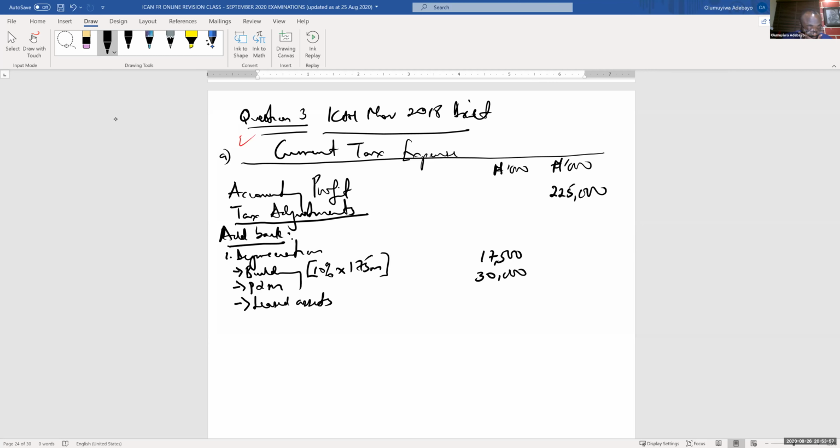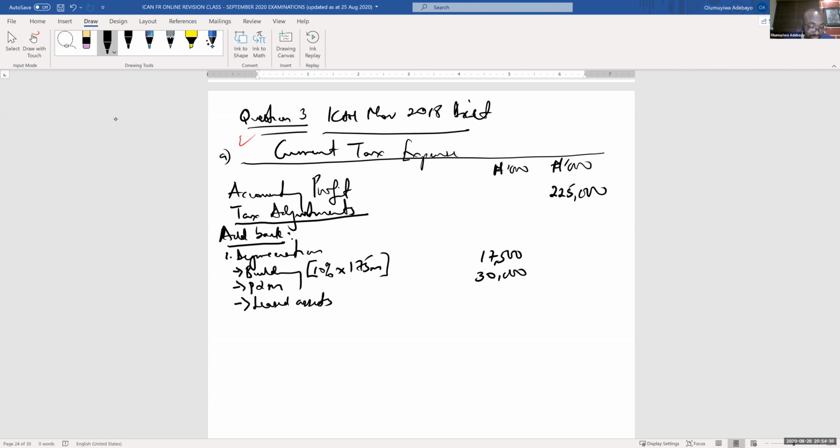Now, if you go to the additional information 3, it says the assets held under finance lease was acquired during the year. The relevant tax law does not distinguish between finance lease and operating lease. Rental expense for lease is tax deductible. The annual lease rental is 72 million and was paid on 31st December 2017.